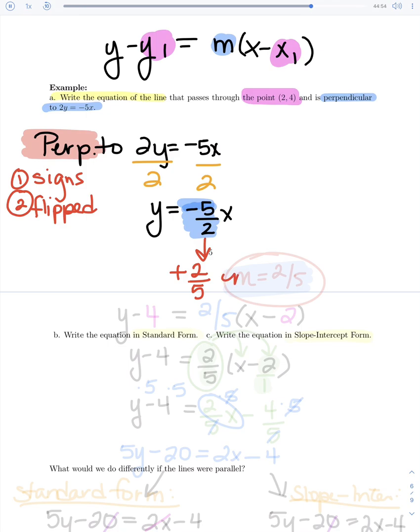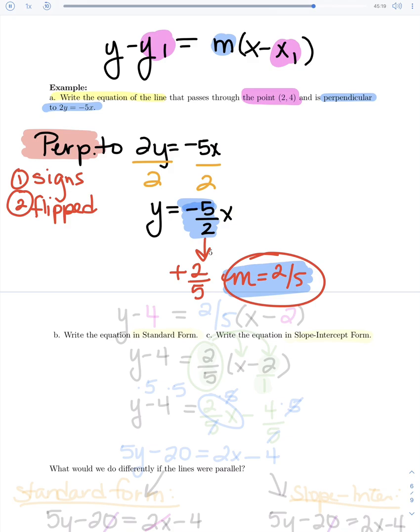So the slope I'm going to use is 2/5, and it needs to be a positive. That's what I'm going to use as my slope, because that'll be perpendicular since it has been switched and flipped. So let's plug this in along with our point into our equation in point slope form.